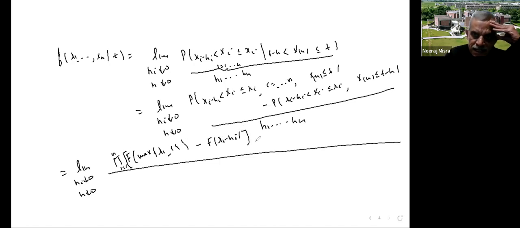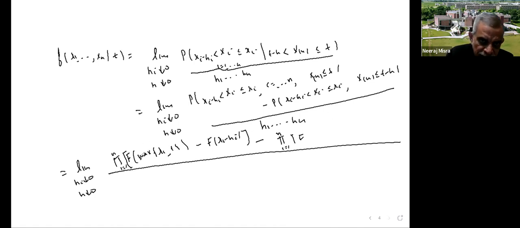That is this quantity. Minus, the same thing over here, product i equal to 1 to n. This would be f of each xi less than or equal to xi, then xn less than or equal to t minus h means each of them is less than or equal to t minus h.